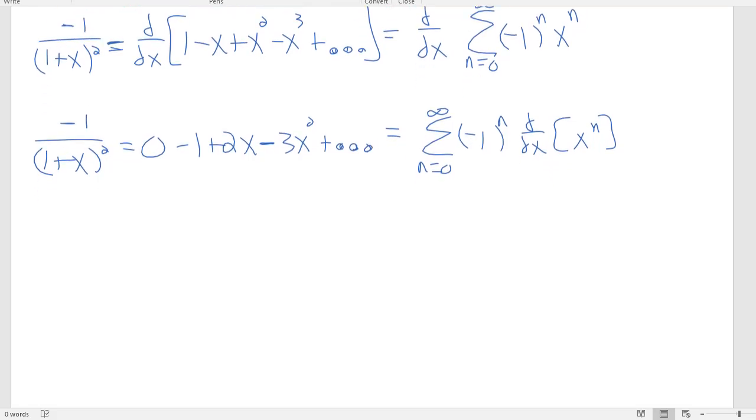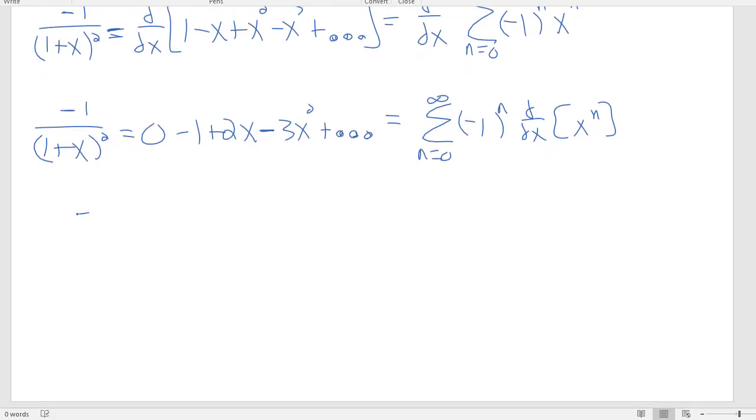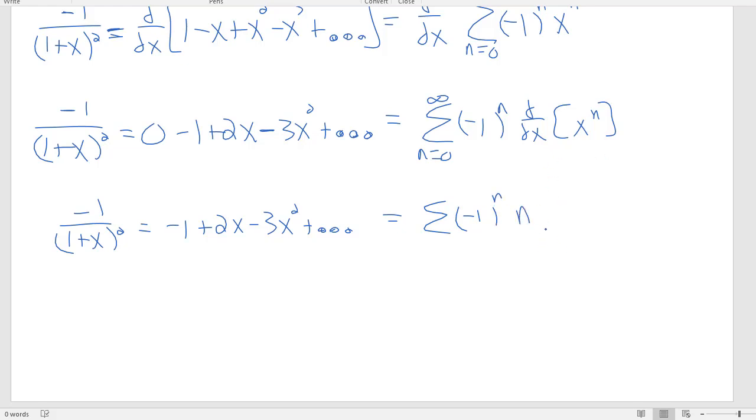So I scroll a little here. So I have negative 1 over 1 plus x quantity squared. And I'm going to eliminate the 0 here. This is negative 1 plus 2x minus 3x squared plus so on and so forth. And then negative 1 to the n times the derivative of x to the n is bring the power down and take 1 away.